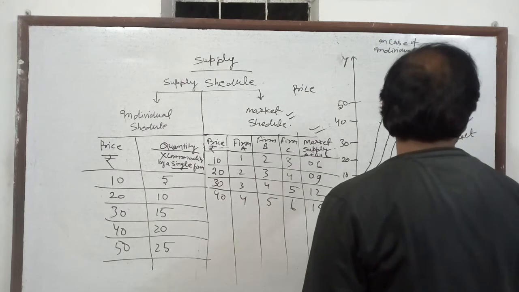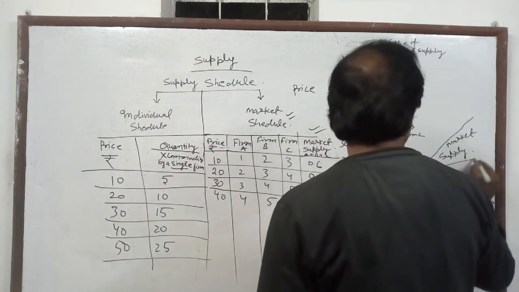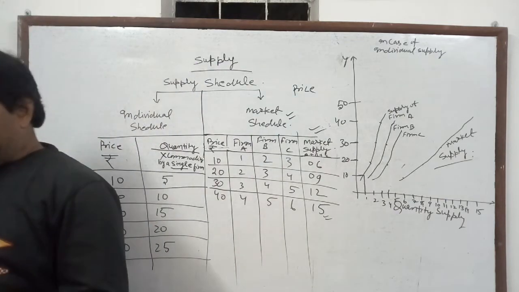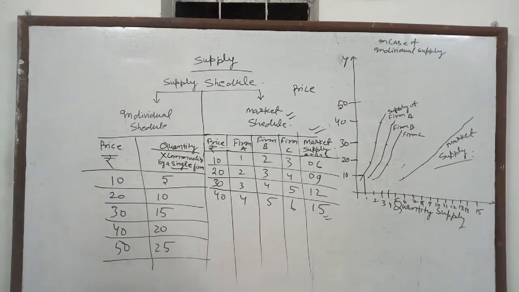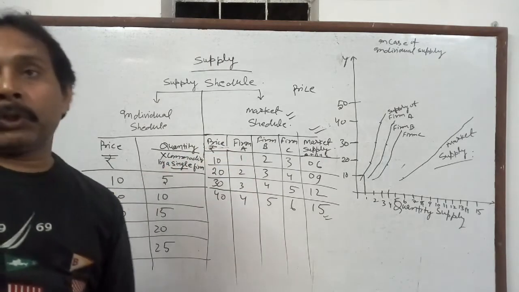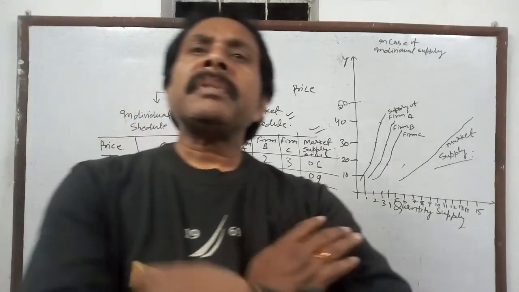Market supply. So in this way, we can obtain the market supply with the help of the market supply schedule. Is it clear?